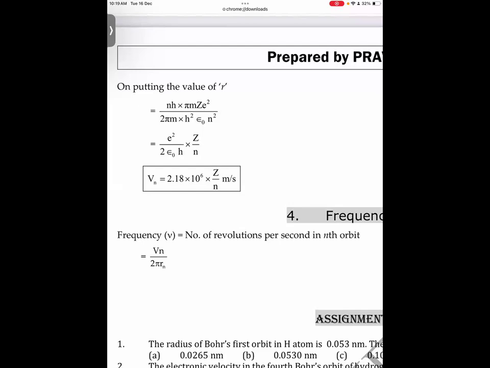The frequency is the number of revolutions per second in the nth orbit, that is Vn upon 2 pi Rn.